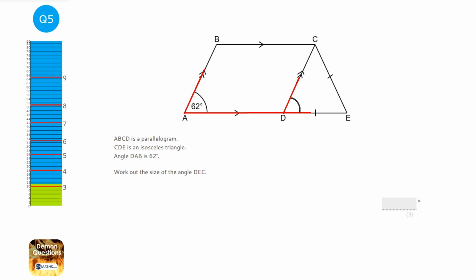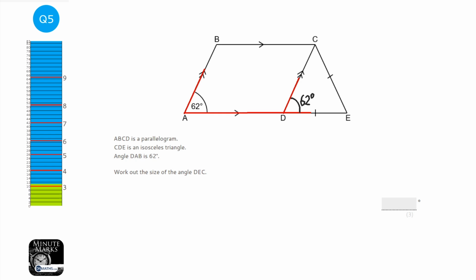The reason why I've highlighted what it's called is, although on the website and on Maths you're not asked to write down the reason for it, in the exam you will have to write down the reason for why this is 62 degrees, and the reason is because they're corresponding.